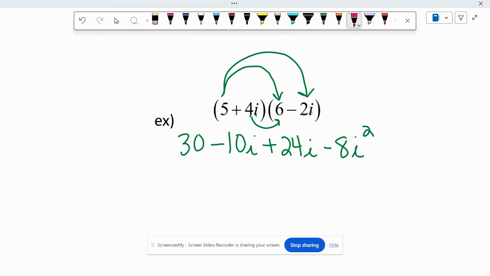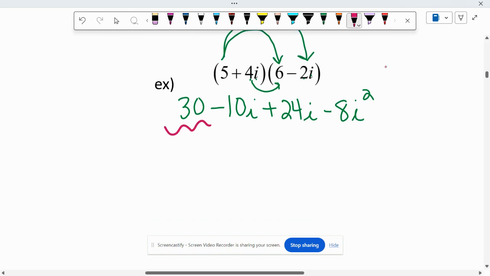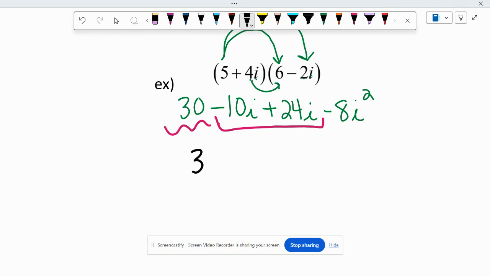So you have to combine like terms. This 30 is a constant, can't be combined with anything. What about this negative 10i and this positive 24i? Negative 10 and positive 24 is just 14, right? Plus 14i.